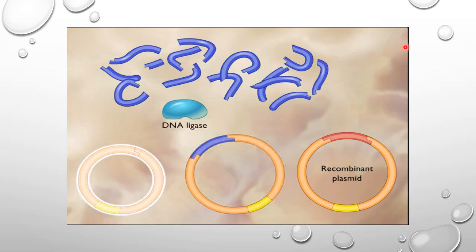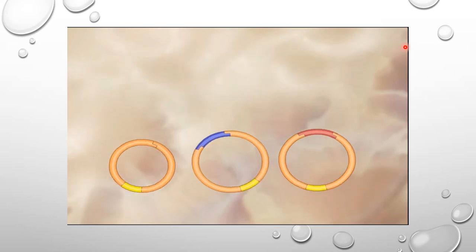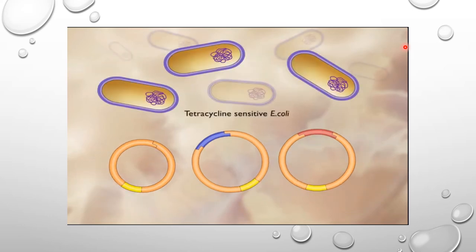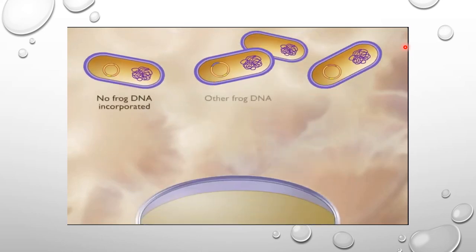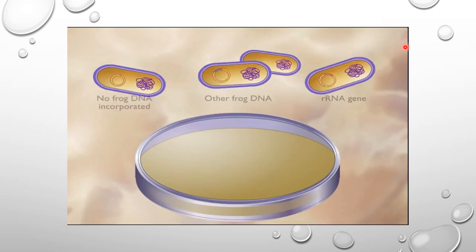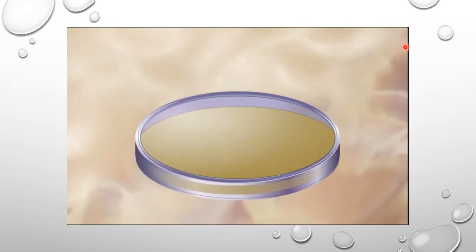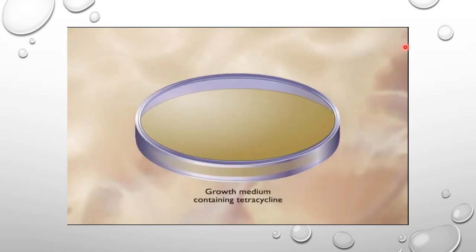The plasmids were then transferred into a tetracycline-sensitive strain of Escherichia coli and plated onto a growth medium containing tetracycline. The cells that incorporated the plasmid carrying the tetracycline gene grow and form colonies. Some of these colonies consist of cells that carry the frog ribosomal RNA gene. The researchers then tested the colonies for the presence of frog ribosomal RNA.